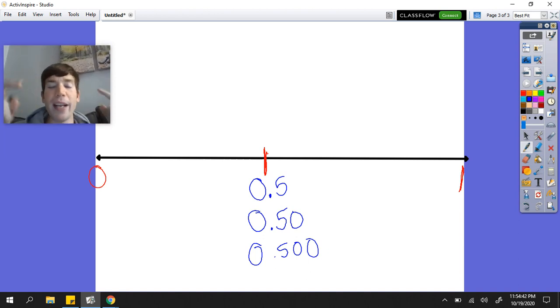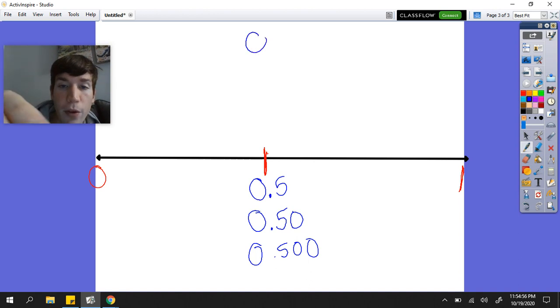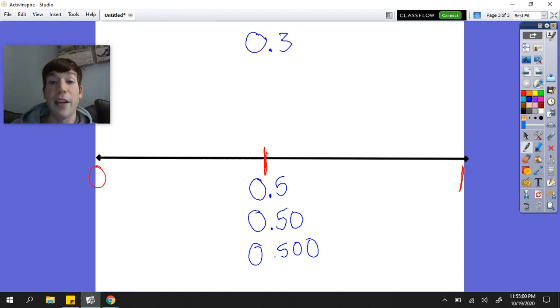Now, one thing I want to get in the habit of is realizing if this is a half, we can look at every decimal as more than one half or less than one half. I'll give you an example. If we were to look at this decimal right here, which is 3 tenths, I would know that 3 tenths is less than a half.